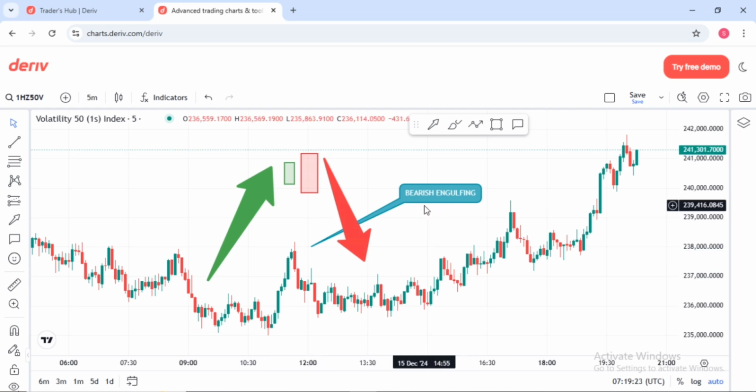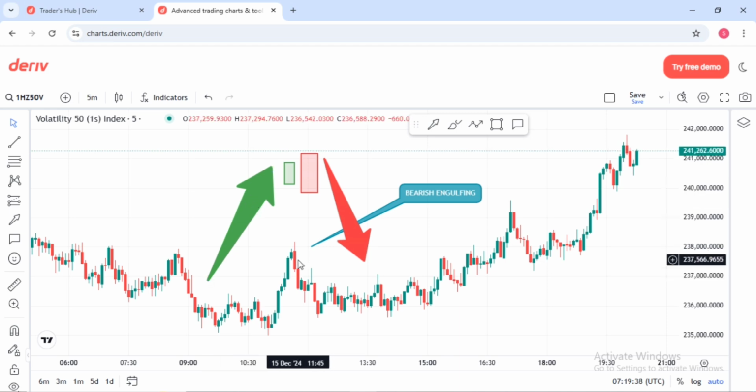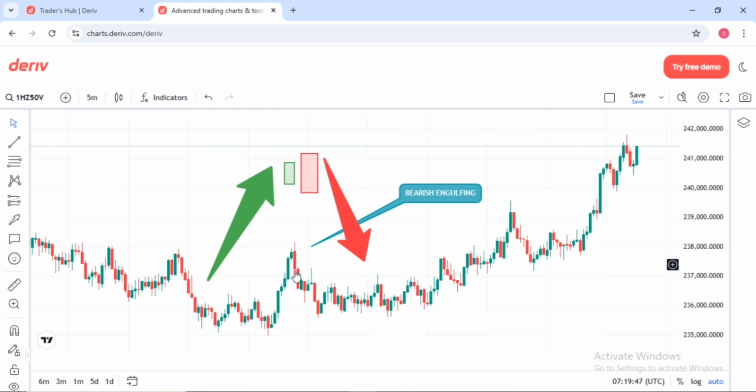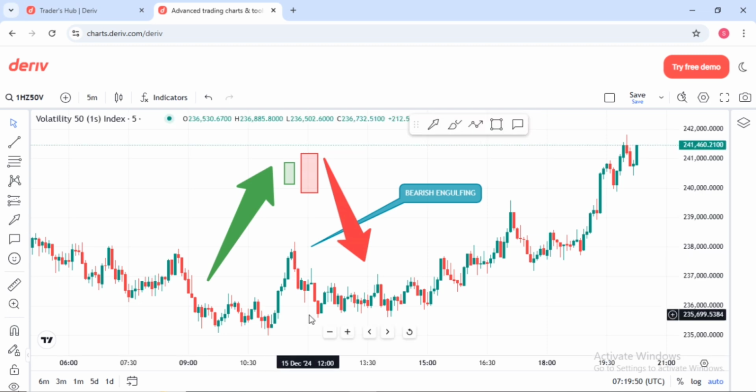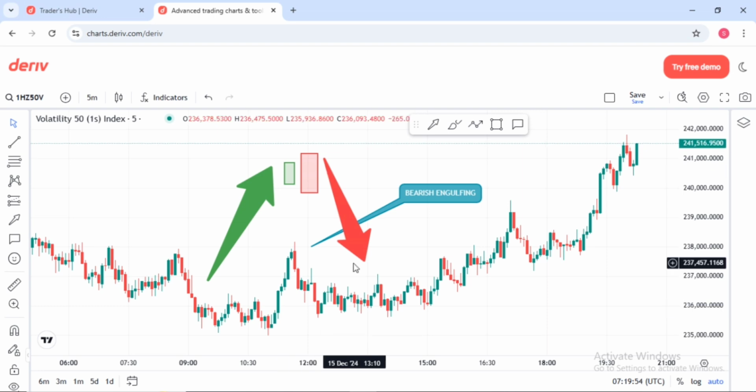So the bearish and the bullish candle patterns are reversal candle patterns, especially if they form at the support or resistance. For the bearish, it forms at the resistance, but in some cases, it can form along a trend. For instance, this is a downtrend here.